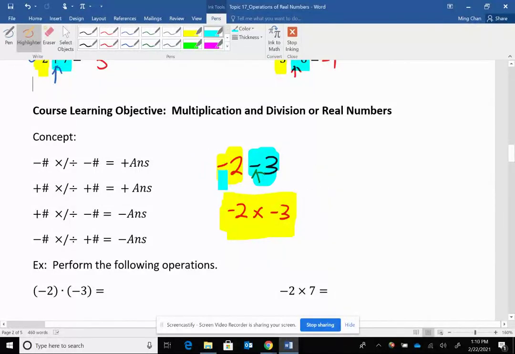When you say negative 2 minus 3, that means you're doing add and subtract. Add and subtract has their own set of rules. Terms with the same sign, you will do what? You will add. Normally, when you add 2 and 3, you get 5. Since both of these terms are negative, my answer will be negative.